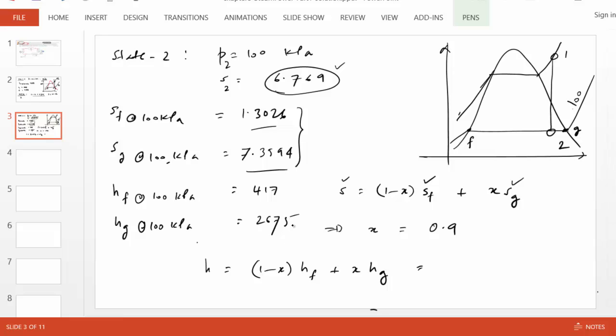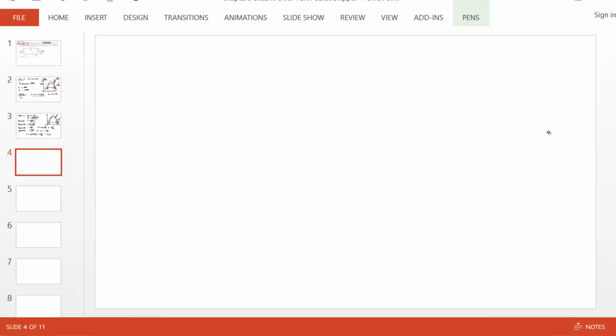If you substitute the known values, Hf is known, Hg is known, and X is known. We just found it. So therefore, H can be calculated to be 2455. So now that we found states 1 and 2, we can go and analyze the turbine. Recall the turbine formula.